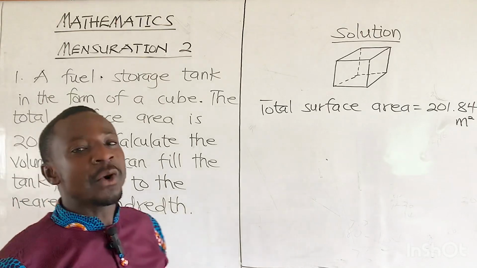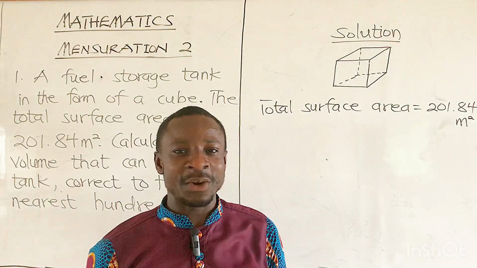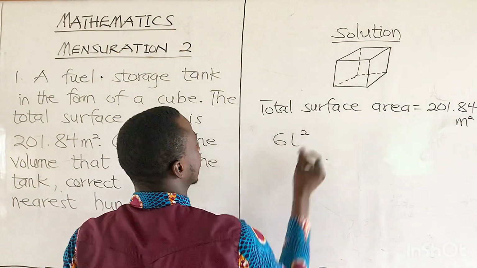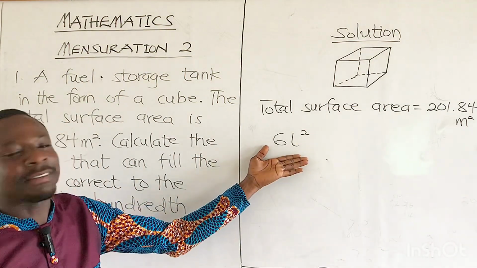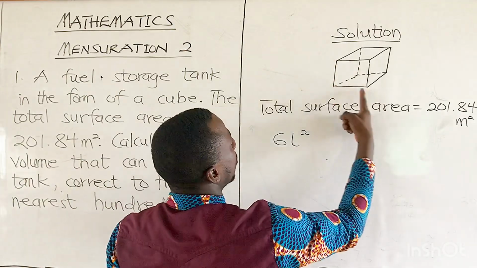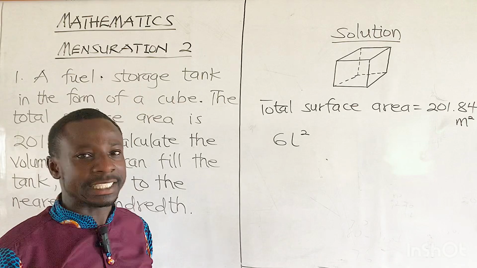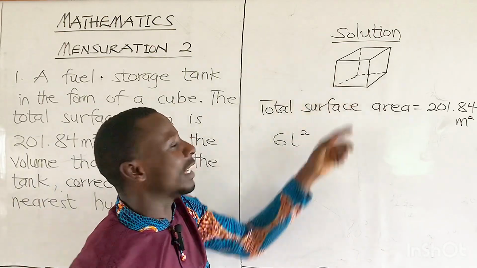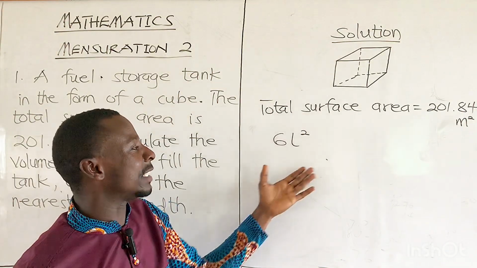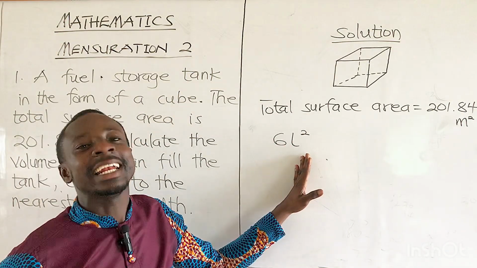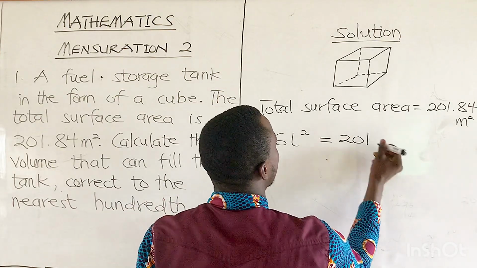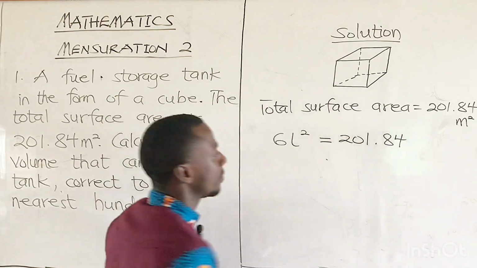Now, we know that the total surface area of a cube is 6L squared. This is because a cube has 6 faces and the area of each face is L squared. So we can equate this to 201.84.